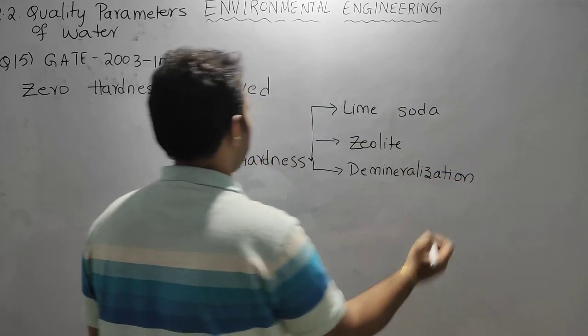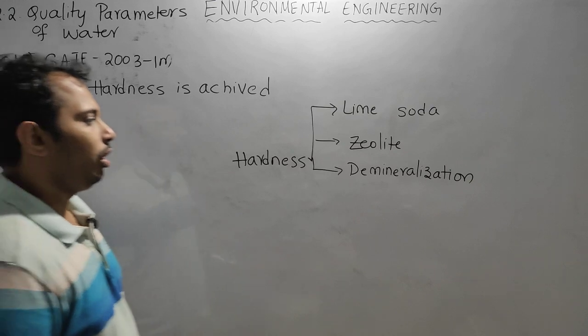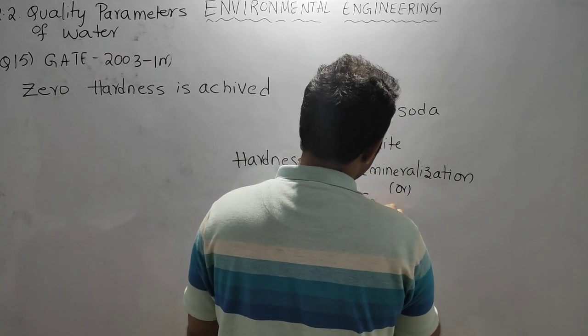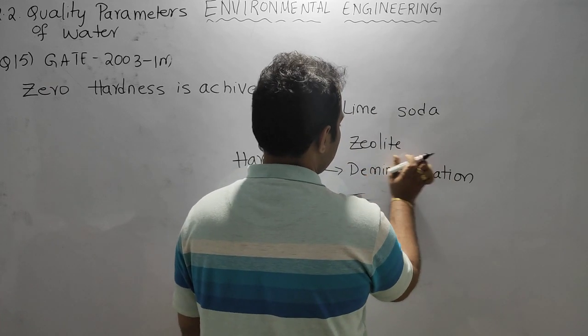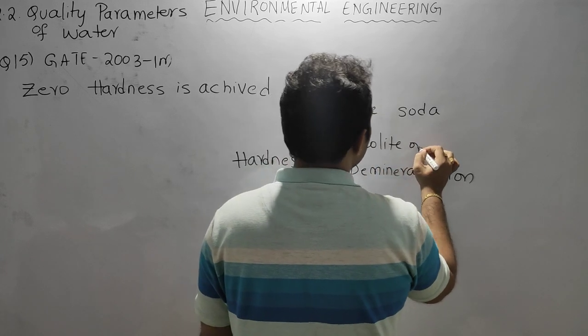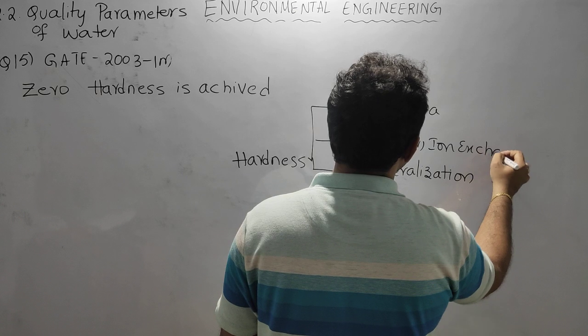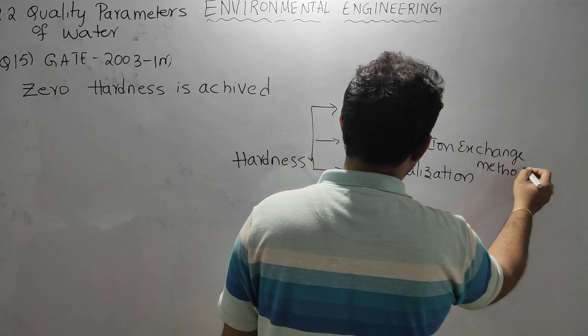Generally these are the three techniques we use to remove hardness. Demineralization is also called ion exchange treatment. So this is the ion exchange method. Zeolite method or ion exchange method.